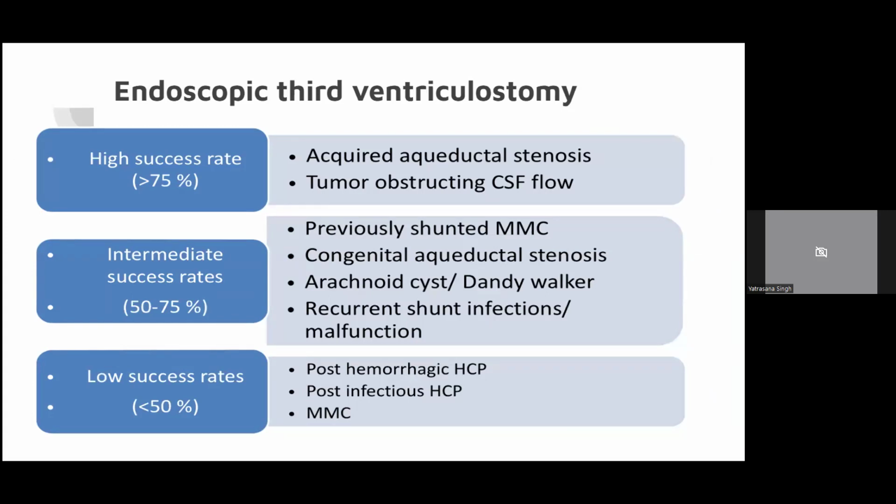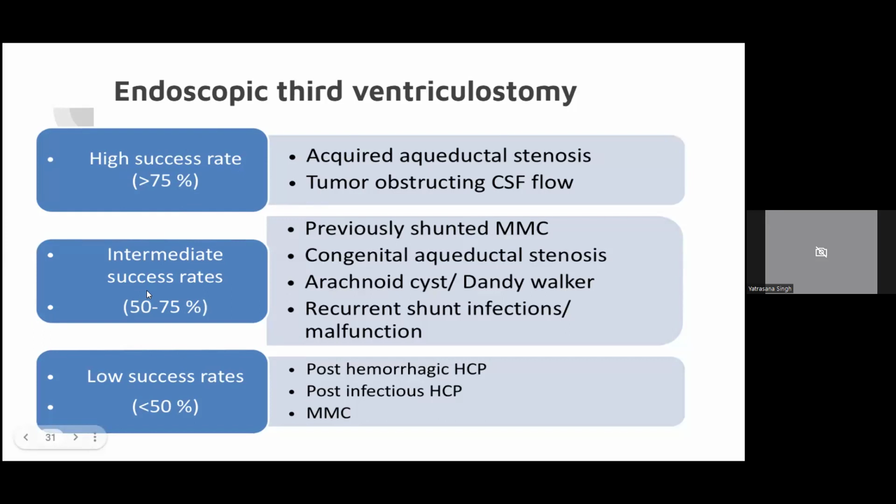Low success rates were associated with post-hemorrhagic hydrocephalus and post-infectious hydrocephalus. So just to remember, the highest rate is associated with acquired aqueductal stenosis, not congenital aqueductal stenosis. I made an error just now.